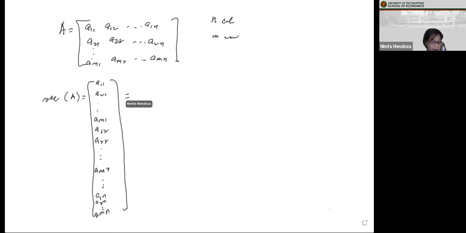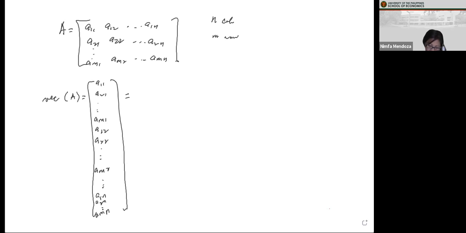Since you have a long column vector, usually it's easier to write it as a transpose. Oh, hold on, this is wrong. I should have the columns.